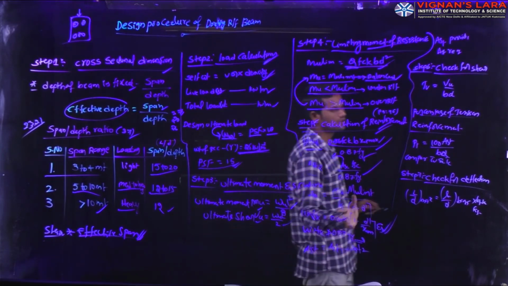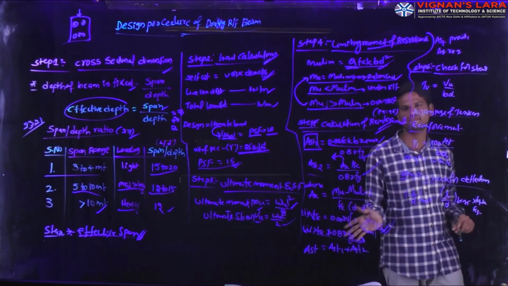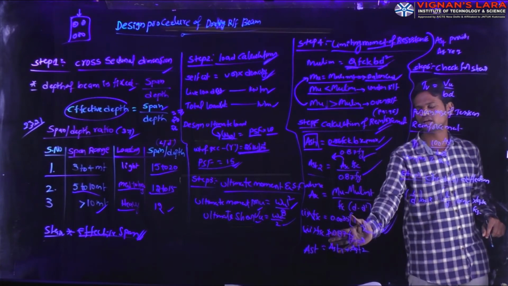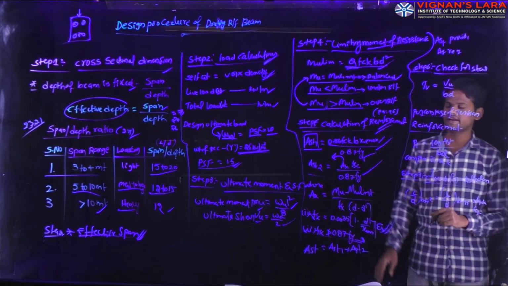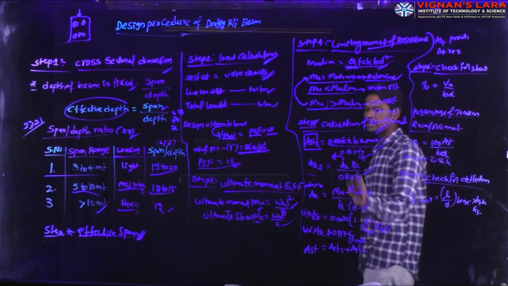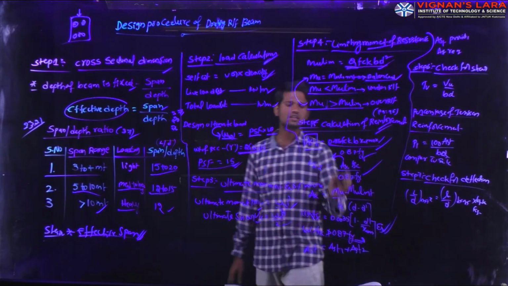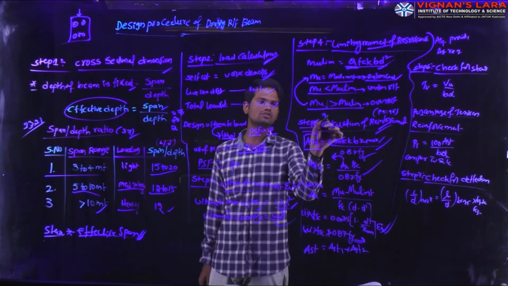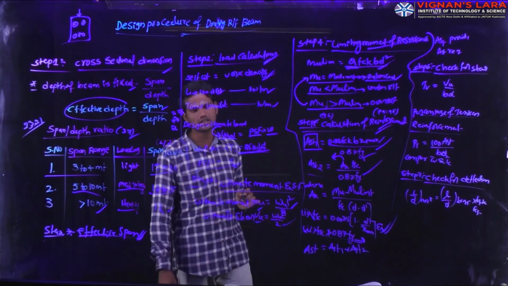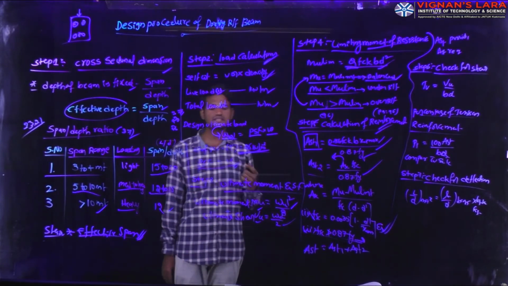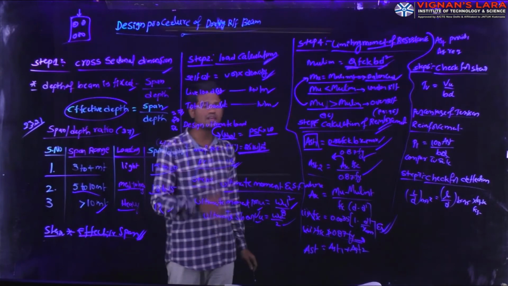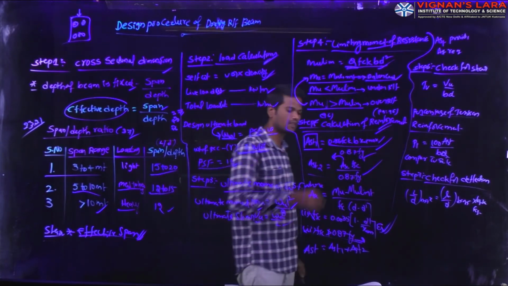Suppose you are using the grade of steel as Fe 250, in those conditions compulsorily we have to use 0.87 into fy. This is the calculation for the area of steel. These steel reinforcement details you can also get from IS 456 2000, page number 96, clause number G 1.1.